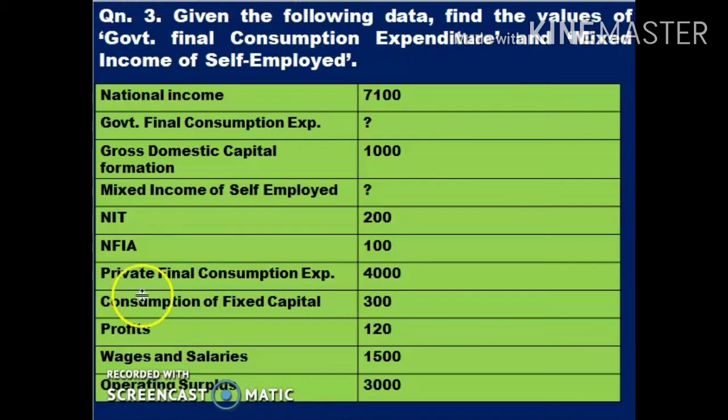You remember that. In the question, COE is given as wages 1500 and 3000 is given as operating surplus. MI is not given; you have to find it. So you just write 1500 plus 3000 plus MI.